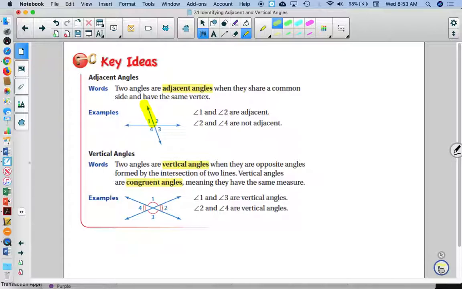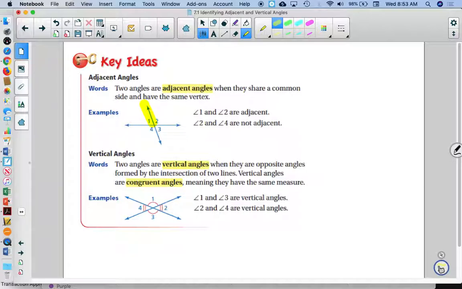All right? Vertical angles. Another thing about adjacent angles, if you look especially at these two, you can see what type of lines there that are connecting. What kind of a line does the sharing of that one create? You got a straight angle, okay, or a straight line, okay?